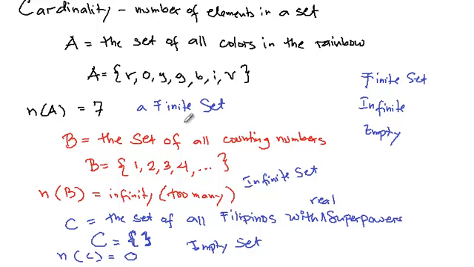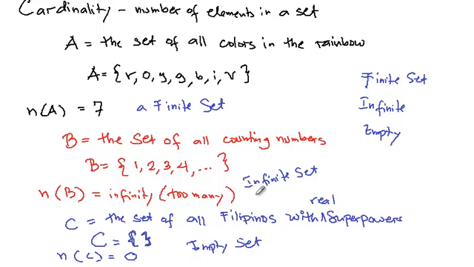There are actually 7 elements of set A. In set B, you can say that there are really infinite numbers, meaning too many. You cannot say 1,000 because the counting numbers don't end at 1,000. Set C, you cannot list anything because there are no Filipinos with real superpowers. Only in movies, okay? In reality, real people don't have superpowers. So, this is an empty set, meaning 0 ang iyang number of elements.